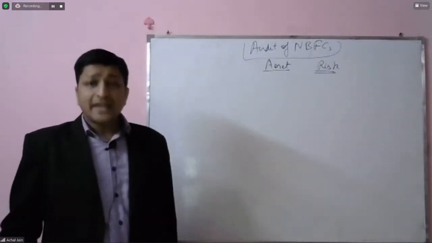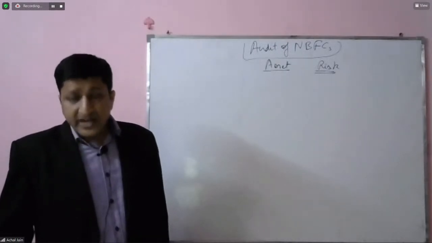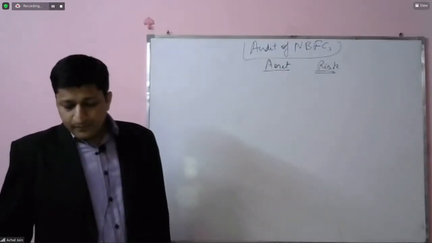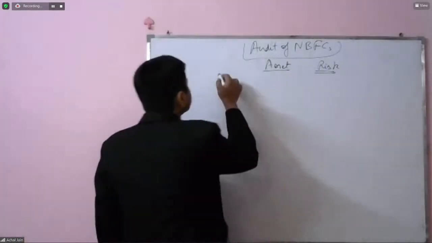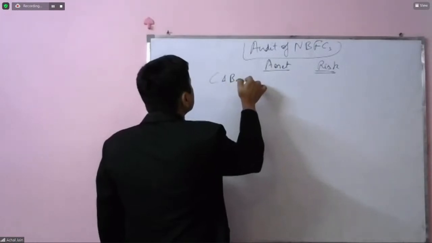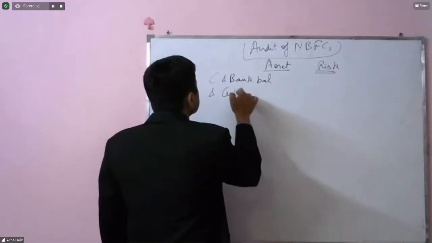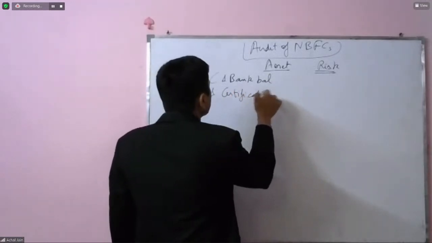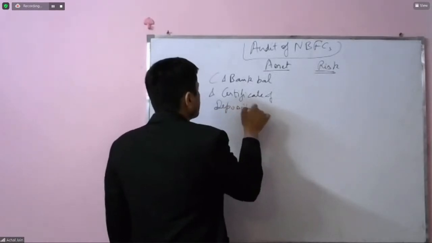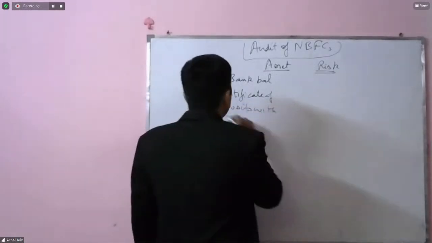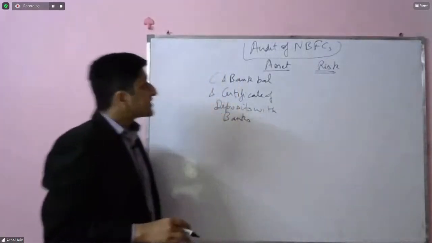Let's suppose NBFC has got an asset in the nature of cash and bank balances and certificates of deposits with banks. So this is an asset of NBFC.